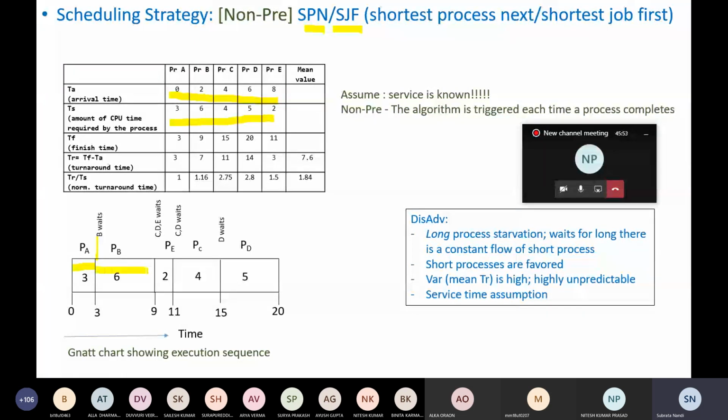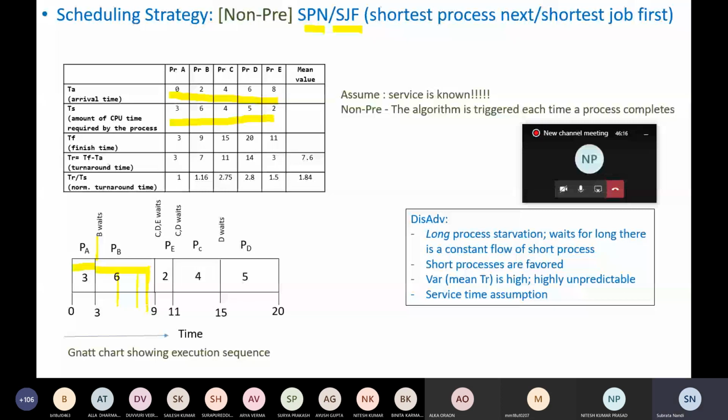Meanwhile C came at t equals 4, at this point probably process D came, and at this point process E came. But none of these arrivals would have impacted the running of process B, because it is non-preemptive.